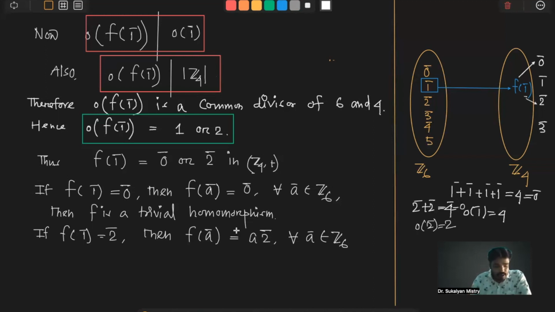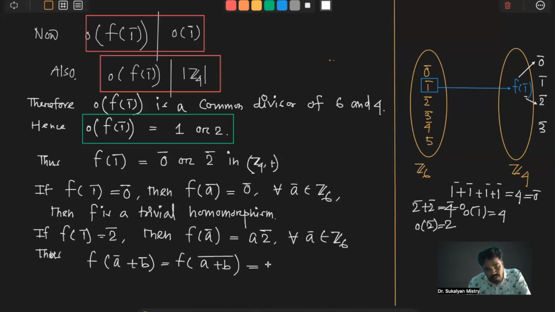You can check it: f of a bar plus b bar. If we can write it as f of a bar plus f of b bar then f is a homomorphism. So this can be written as a plus b bar, right?